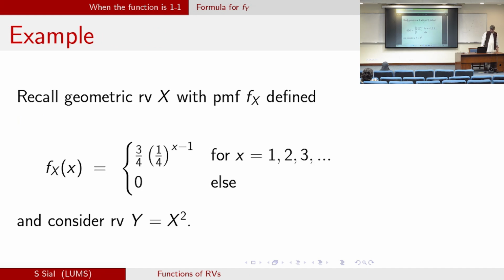So here we go. Let's look again at that example. I claim this was a particular example. So we had our PMF for x. Now y equals x squared. Since x is 1, 2, 3, the positive integers, we said that the squaring map from the positive integers was one-to-one.